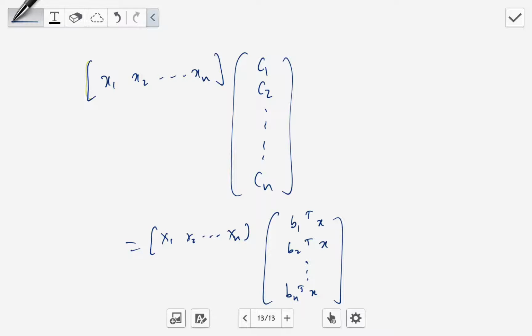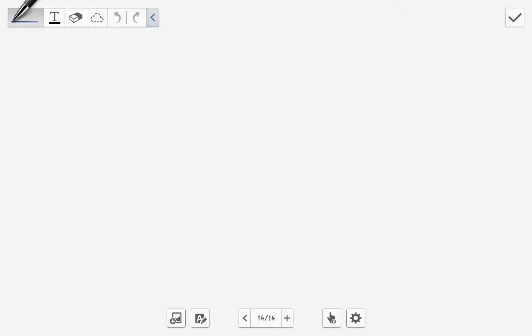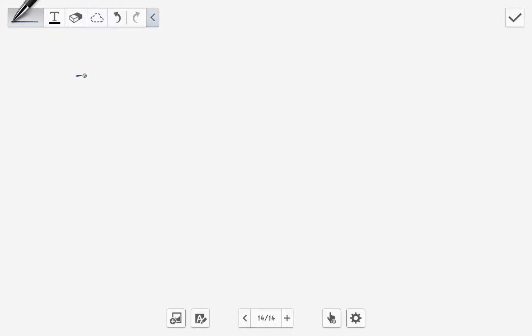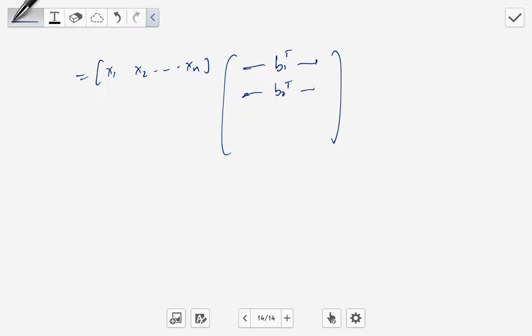Now what I want to do is write this as x1, x2, so on up to xn, times the matrix with rows b1 transpose, b2 transpose, b3 transpose, so on up to bn transpose, into x, which is x1, x2.